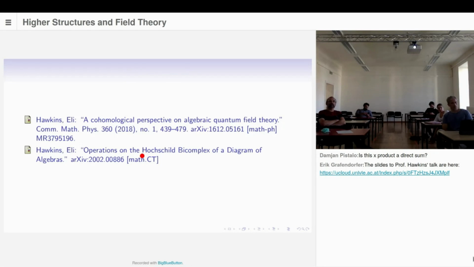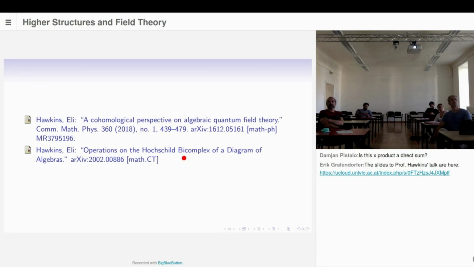I have a couple of papers talking about this stuff. The first paper, a couple of years ago now, is a cohomological perspective on algebraic quantum field theory. This is where I talked about skew diagrams of algebras originally, and about the relevance of the Hochschild bicomplex to algebraic quantum field theory.